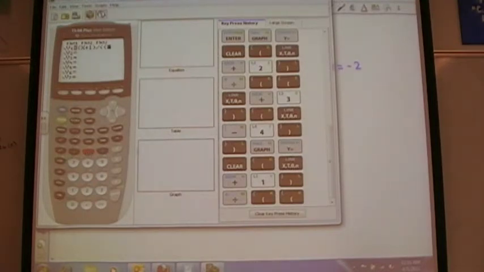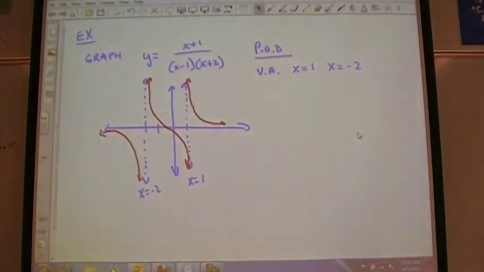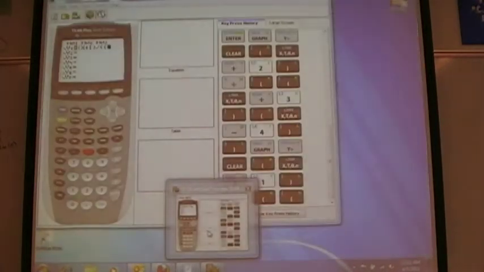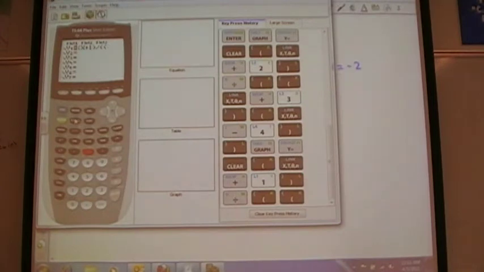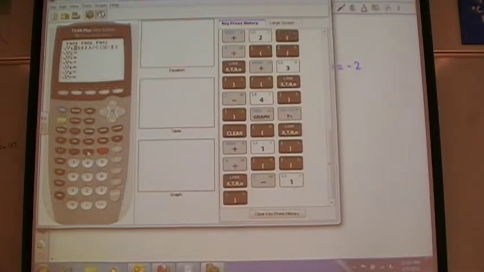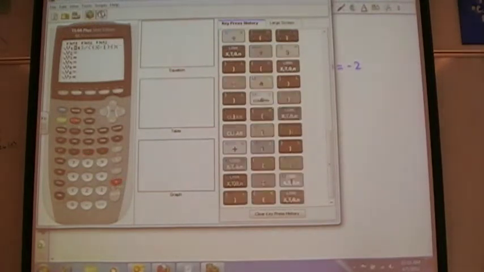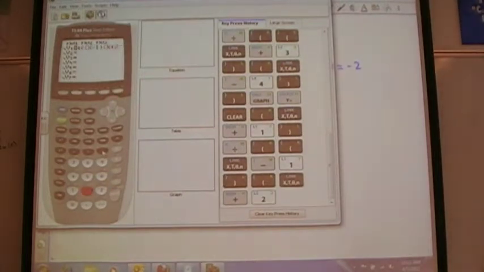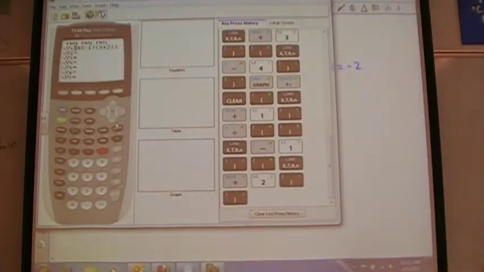What were the two in the bottom? X minus 1 and x plus 2. So x minus 1. Close, open. X plus 2. Close, close, and hit graph, and those are the curves you get.